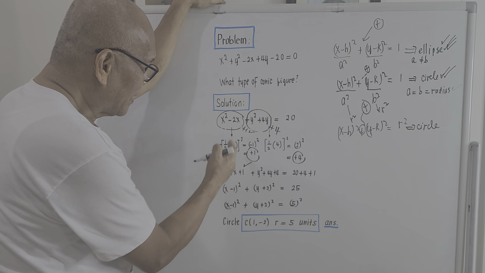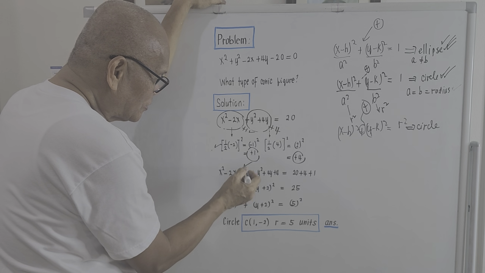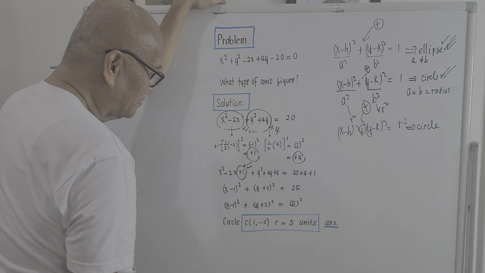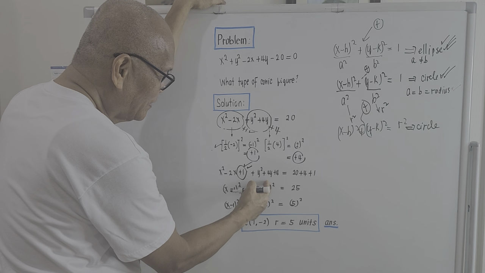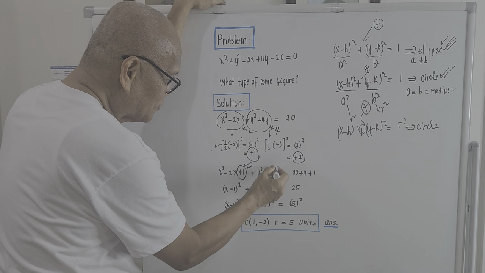Okay, so rewriting this one, it's x squared minus 2x. As per our computation, we need to put a plus 1 here. For the second one, it's y squared plus 4y, and for this one to become a perfect binomial, we add a plus 4 over here.